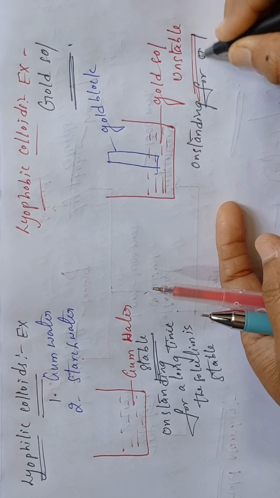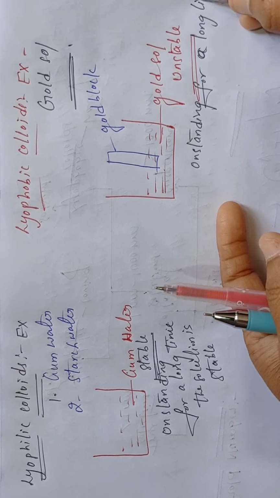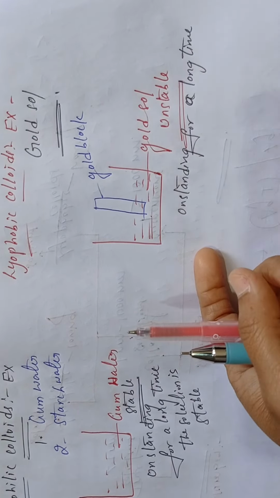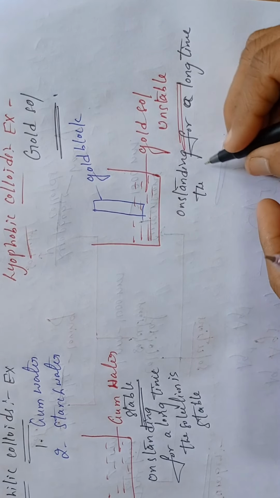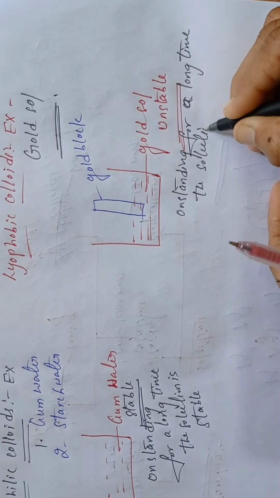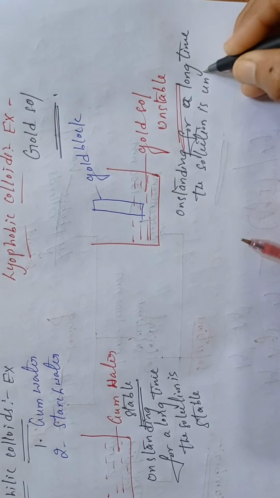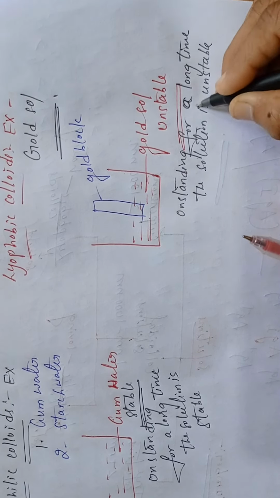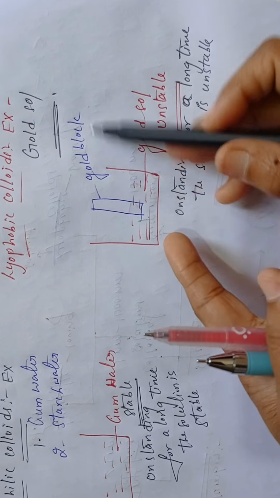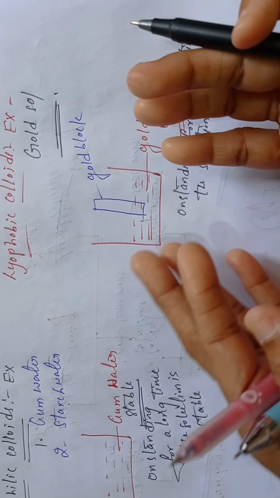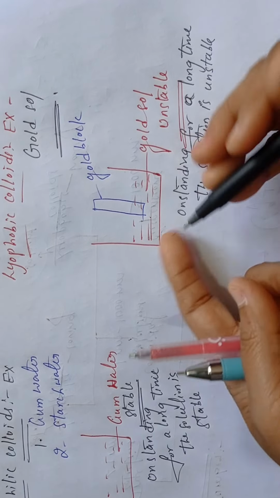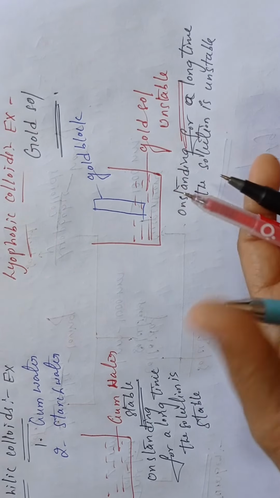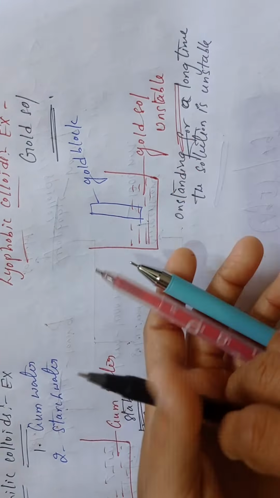On standing for a long time, the solution is unstable, because it is not stable. Here, the gold particles come closer to each other. Understanding? They come closer to each other and form lumps, students. Here, what is it forming?